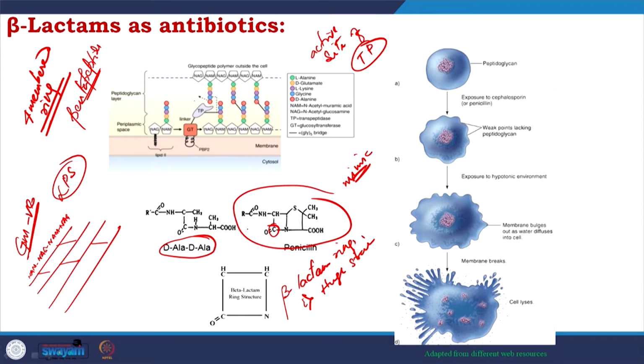There happens a very, very rare phenomenon. What is the rare phenomenon? The rare phenomenon is the formation of a covalent bond between an enzyme and the substrate.